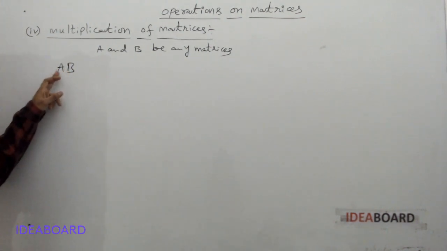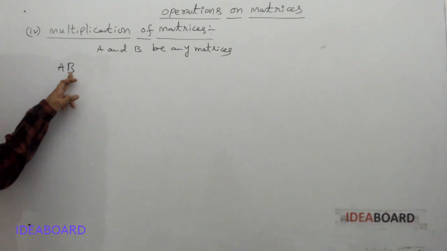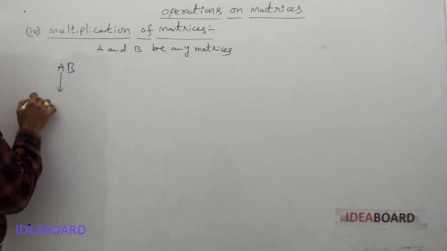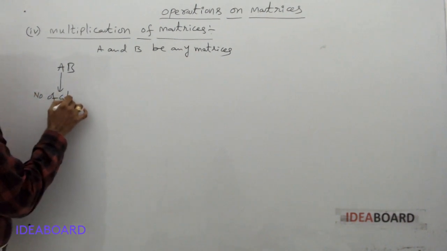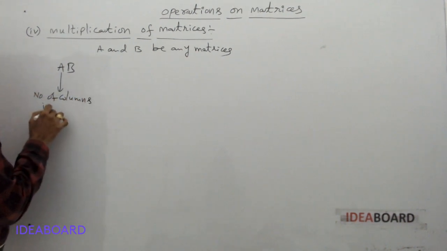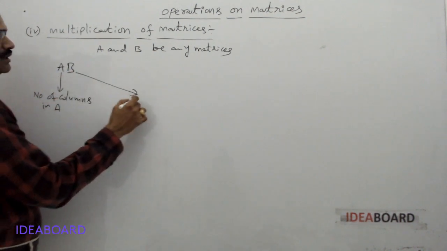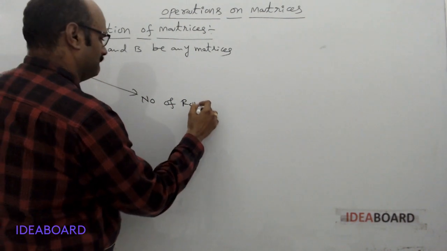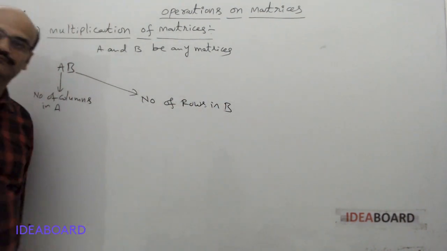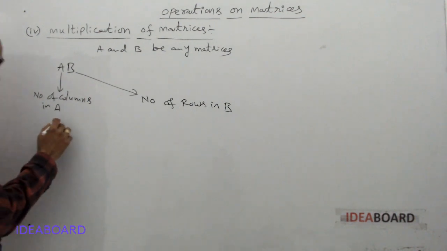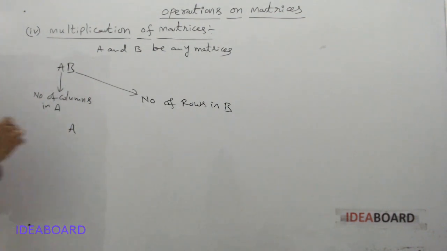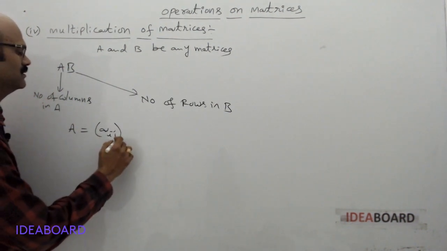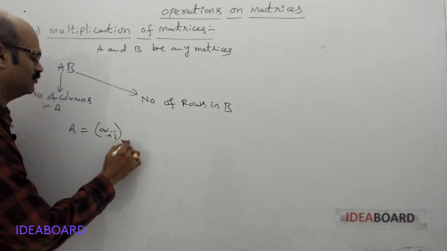The matrix multiplication AB is possible if the number of columns in A should be equal to number of rows in B. Suppose let me take the matrix A equal to Aij, order of A equal to m by n.